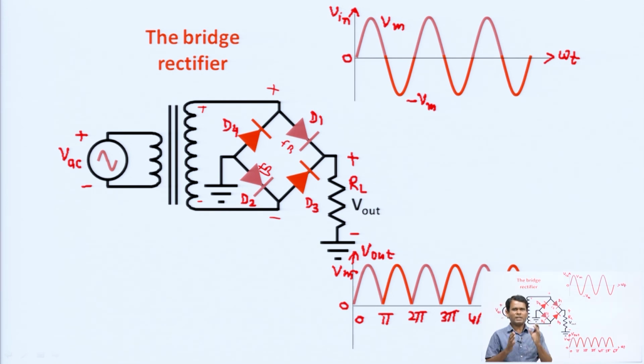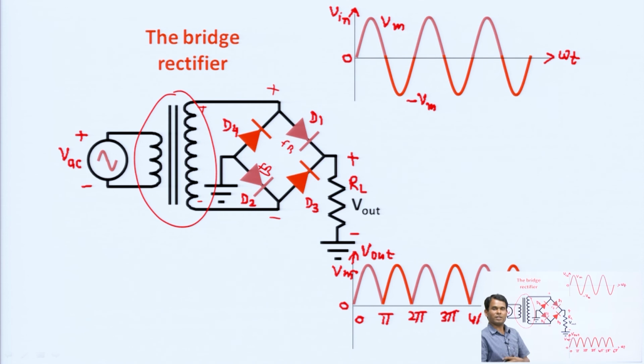Now, what is the difference between the center tap full wave rectifier and the bridge type full wave rectifier? Generally the bridge type full wave rectifier is used, because in the bridge type full wave rectifier application the use of a transformer is not mandatory, but in the case of the center tap rectifier we must use a center tapped transformer.